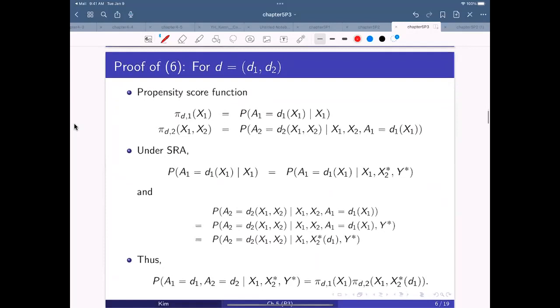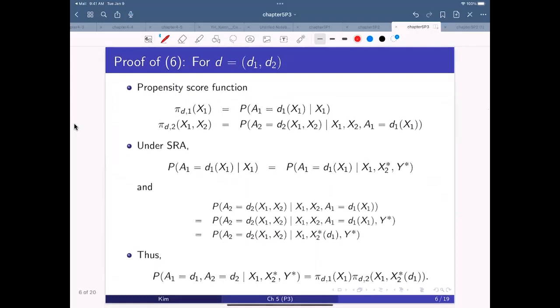So first of all, let's write pi d1. What is this? We don't know this randomness, but we do know this. We treat A1 and A2 as capital A1, A2 random variables. So these are basically the propensity score functions.